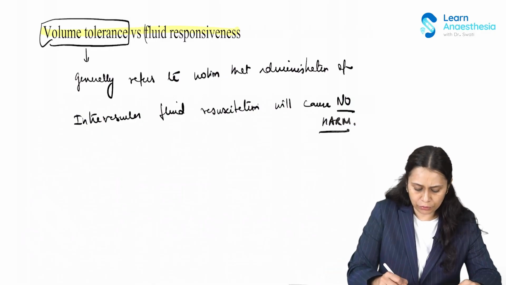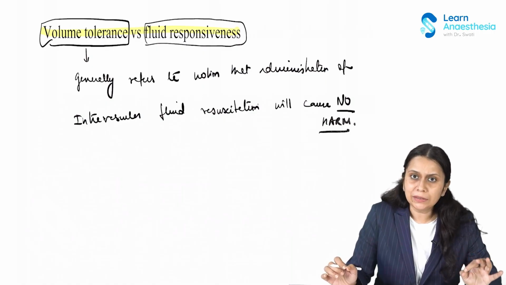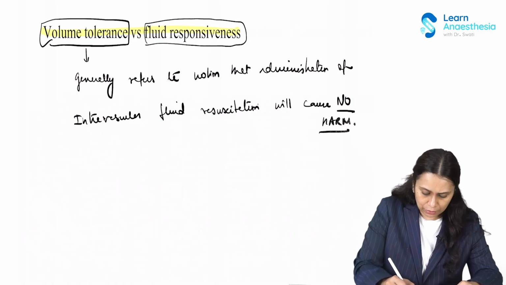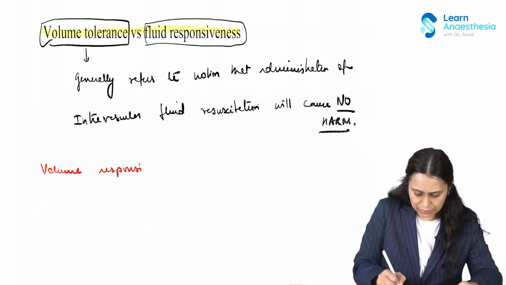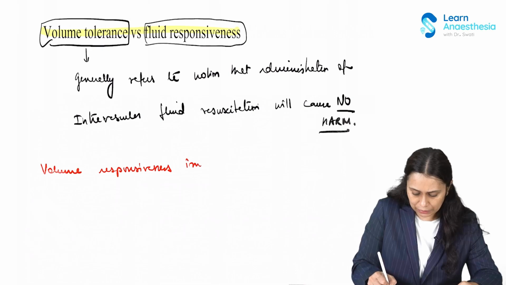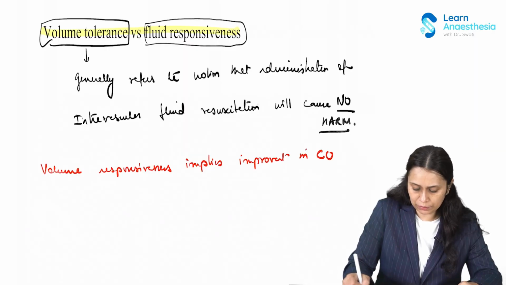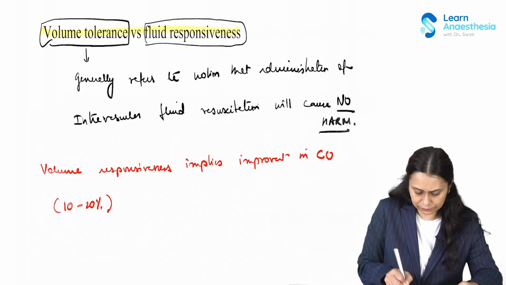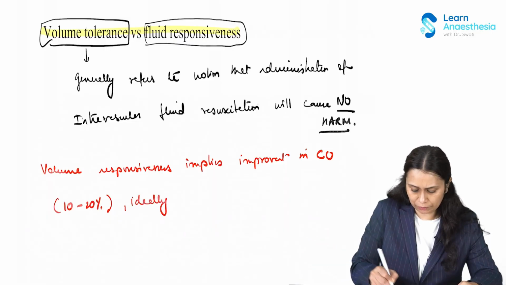What do we mean by fluid responsiveness? Fluid responsiveness or volume responsiveness is the responsiveness of the person to the fluid. What do I mean by this? It implies improvement in cardiac output, typically by 10 to 20%, and when cardiac output improves, ideally the tissue perfusion will improve.